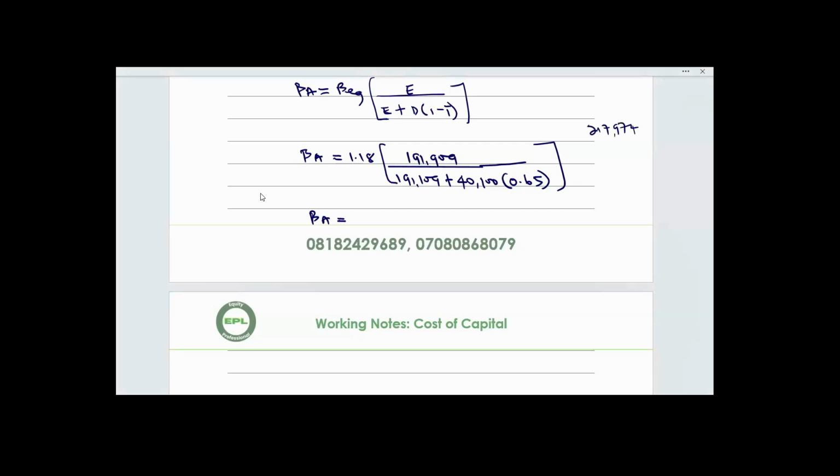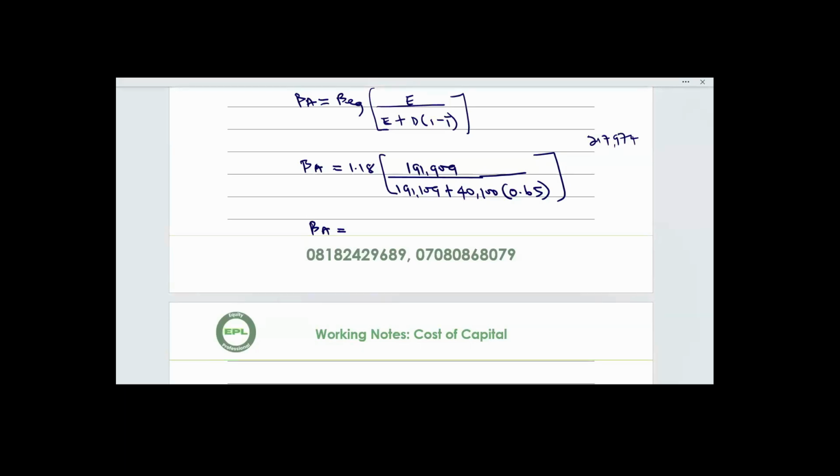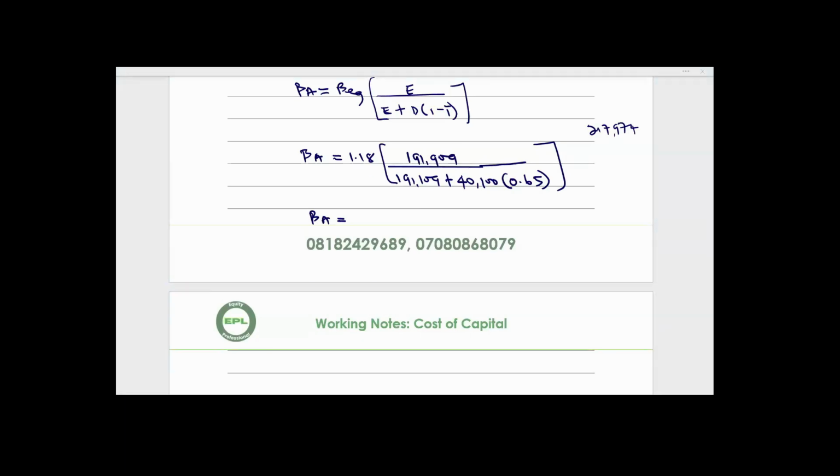Then we have the numerator, 191,909 divided by 217,974, then multiply by 1.18.